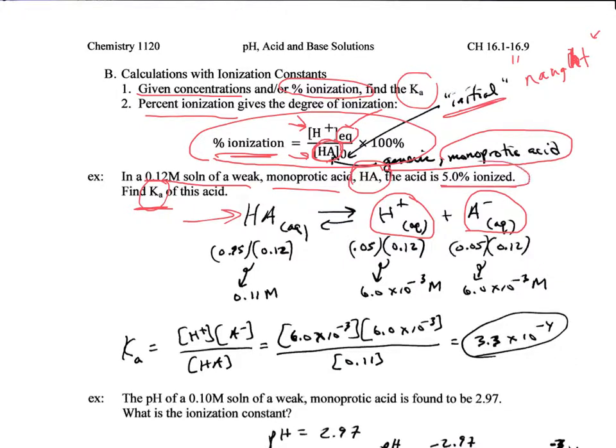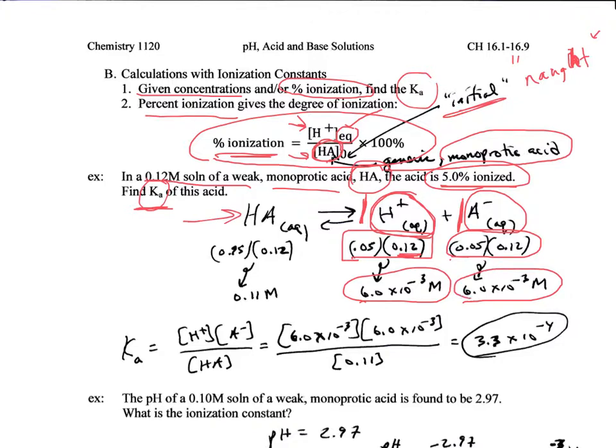The fact that they've told us it's 5% ionized at equilibrium, well, that's what this is: 5% of, meaning multiplication, a 0.12 molar solution. Just take that. This is going to be the molarity of the hydrogen ion, hydronium, at equilibrium. These are in 1-to-1 stoichiometry, so if I had 5% ionization for that ion, I'm going to have 5% ionization for the anion concentration, and so it will have this concentration.